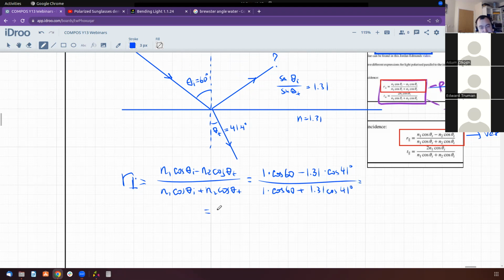And we substitute that in. Cos 60 is a half, so we get 0.5 minus 1.31 times cos 41, over 0.5 plus 1.31 times cos 41, which is minus 0.328.